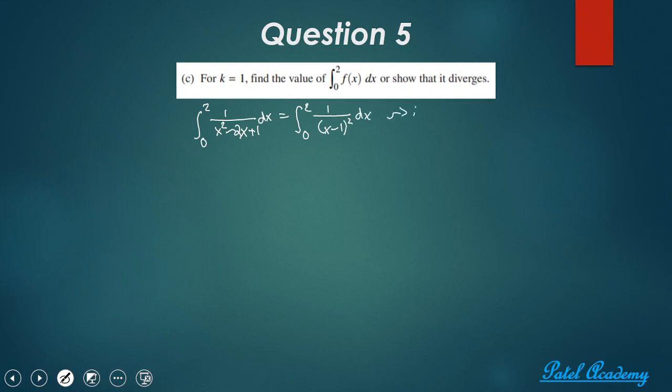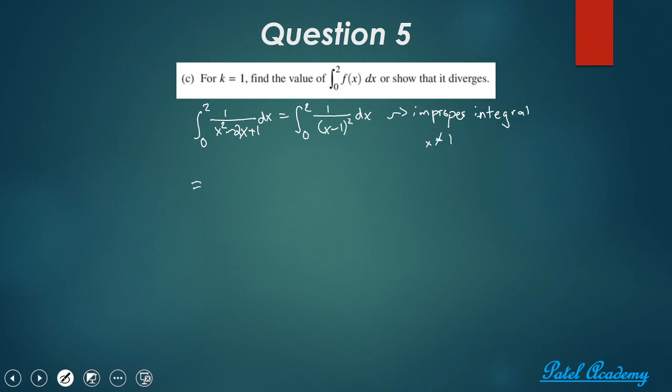What do we notice here? This is an improper integral. Why? Because there's very clearly a discontinuity at x equals 1, right? So our x cannot be equal to 1, except 1 lies within the bounds of the integral.